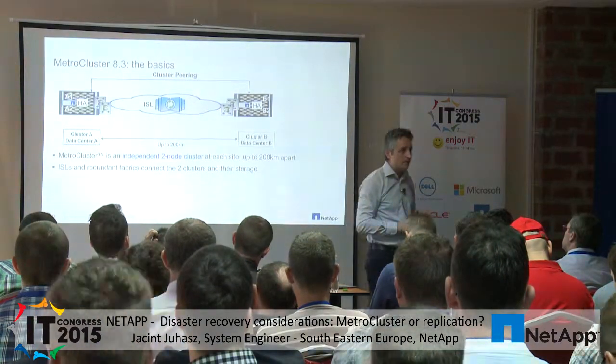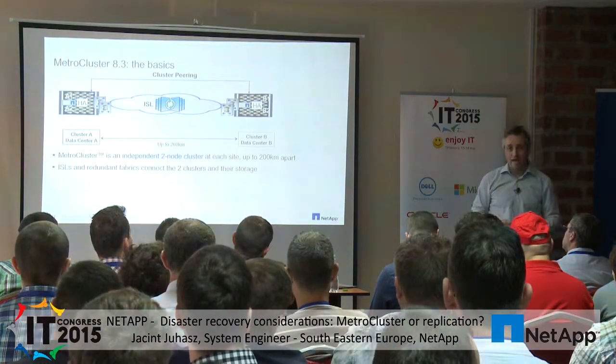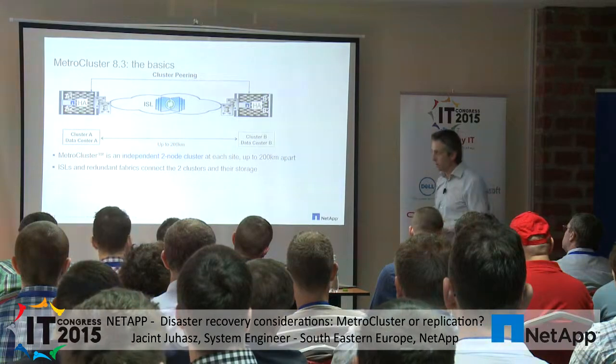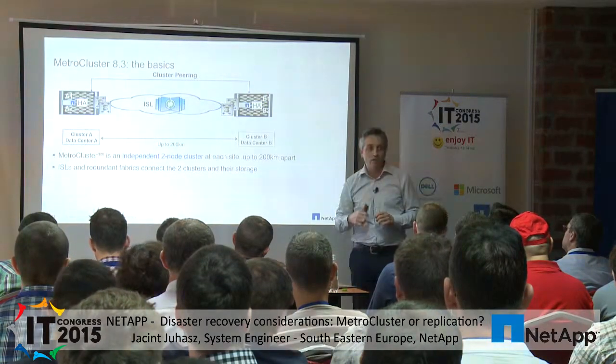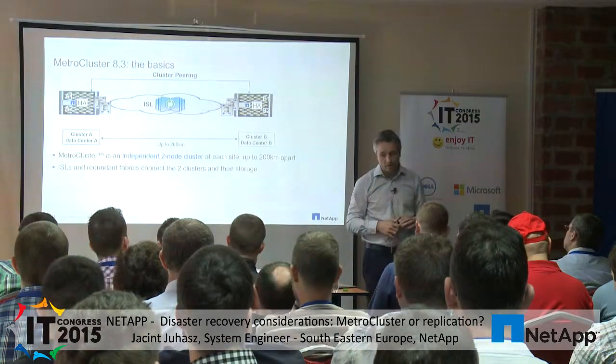We make some exceptions. If you have extremely good infrastructure with extremely good DWDMs and things like that, we can check that configuration, and if the response times are good enough, then we will support the configuration.